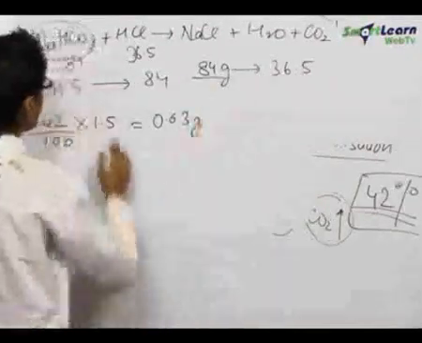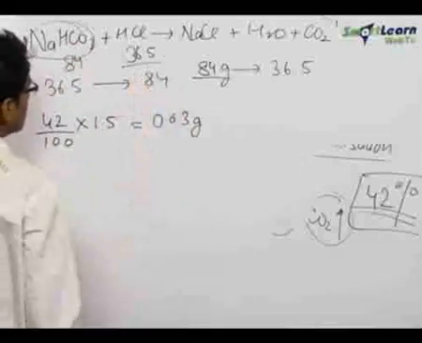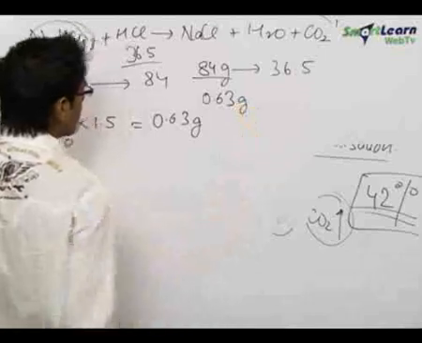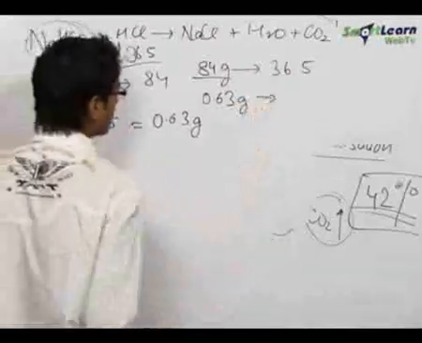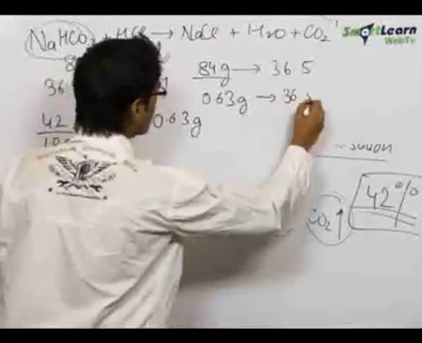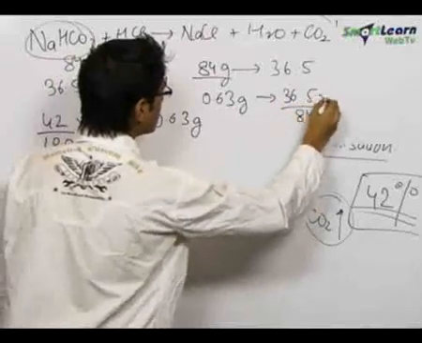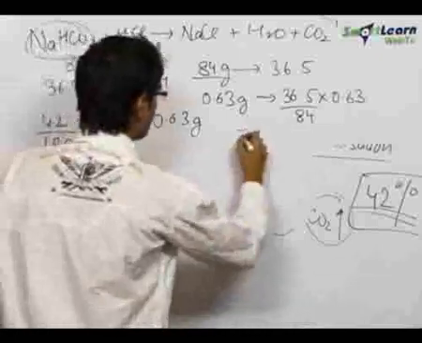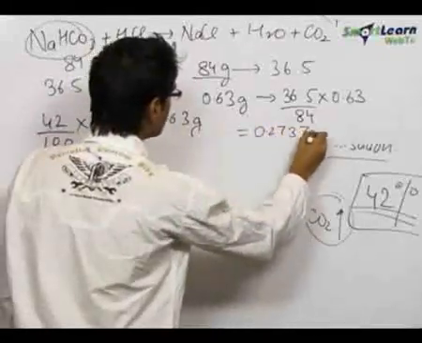So 84 grams of NaHCO3 is utilizing 36.5 grams of HCl. 0.63 grams of NaHCO3 will utilize 36.5 upon 84 into 0.63, which is equal to 0.2737 grams of HCl.